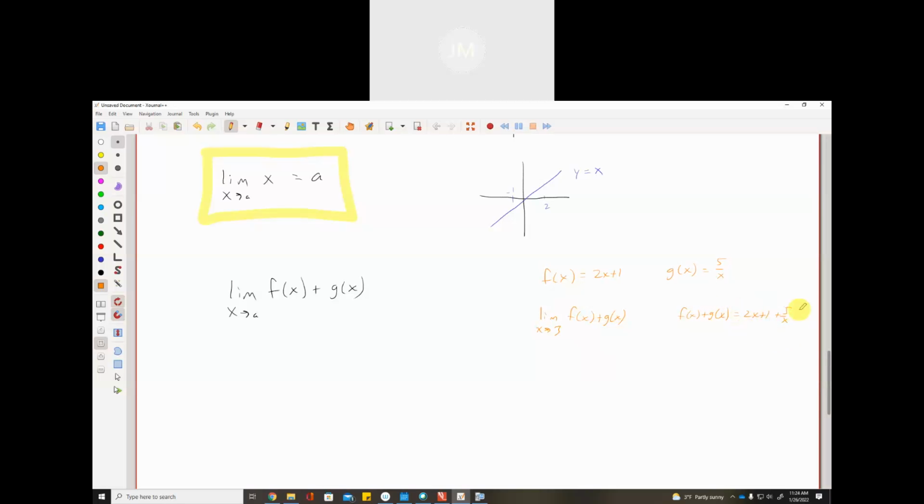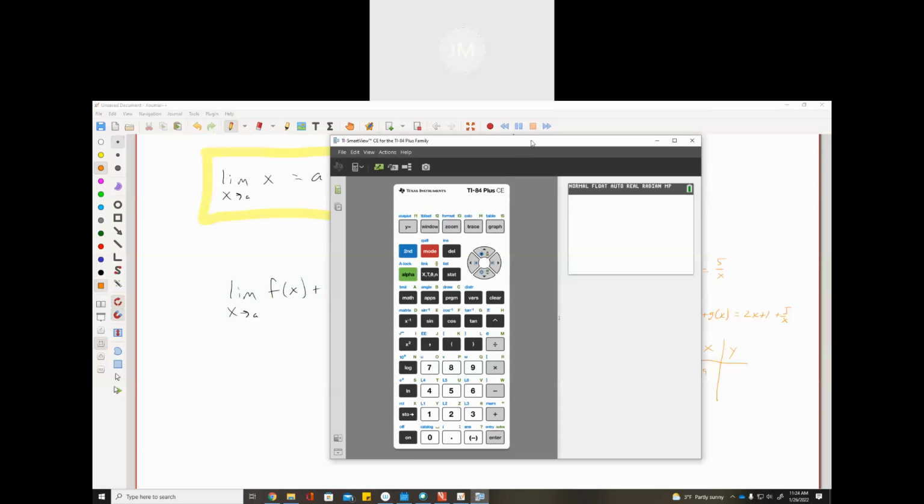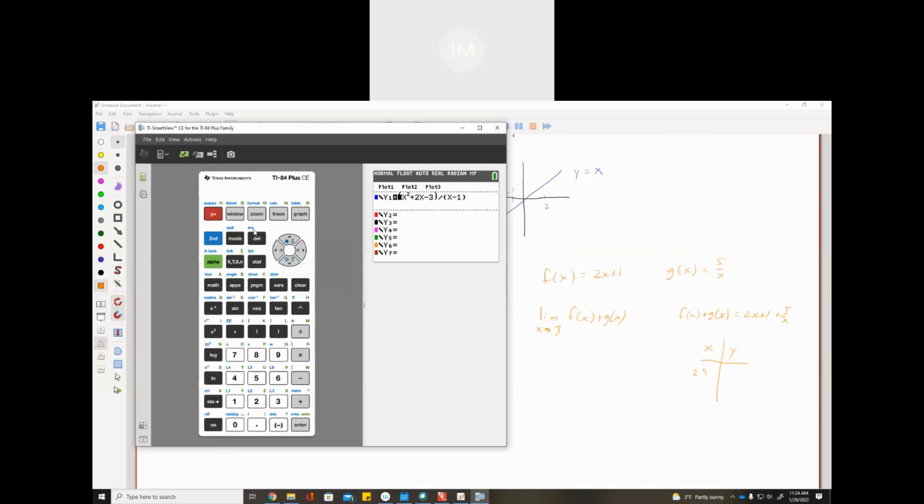So I could plug things into my formula, 2x plus 1 plus 5 over x, and see what the pattern is, right? So we can make like a little xy chart like we did a minute ago and say, all right, let me try 2.9, and I'll plug into that. Here, I'll get out my calculator. I'm going to cheat a little bit.